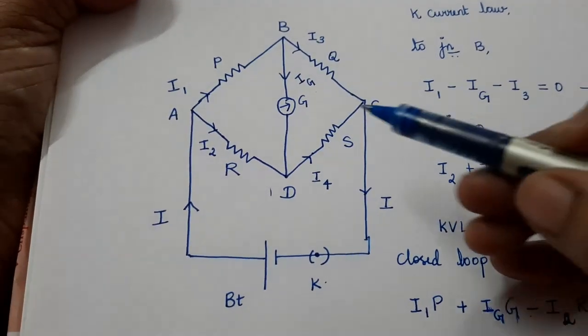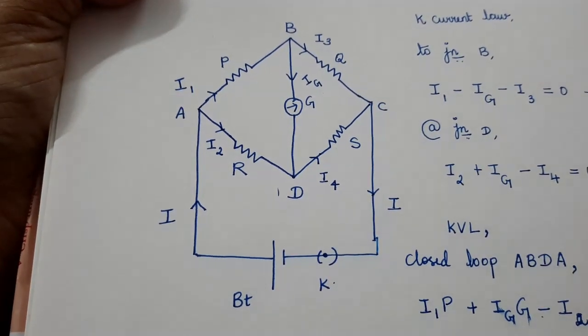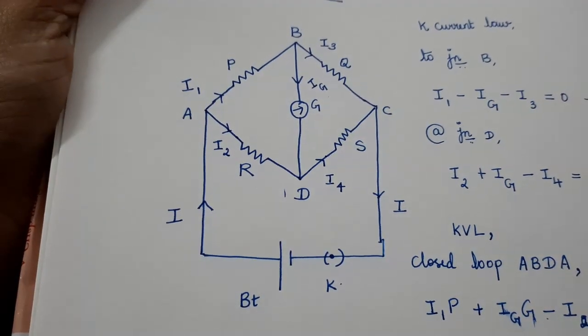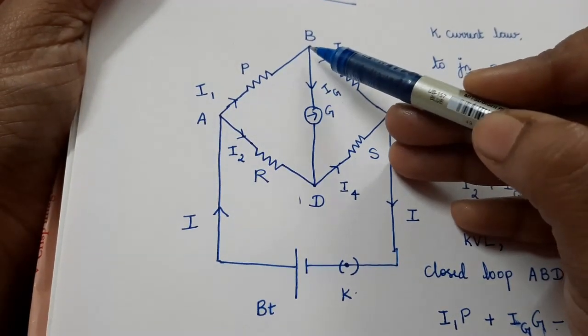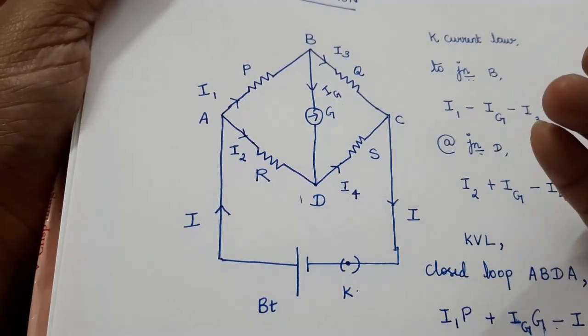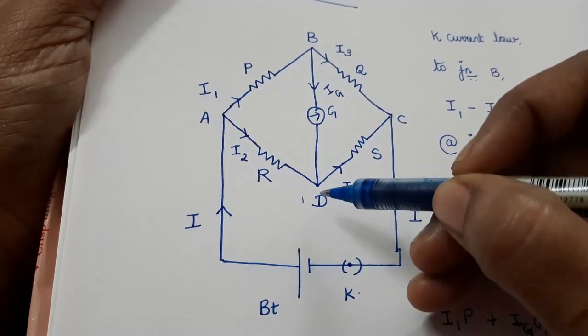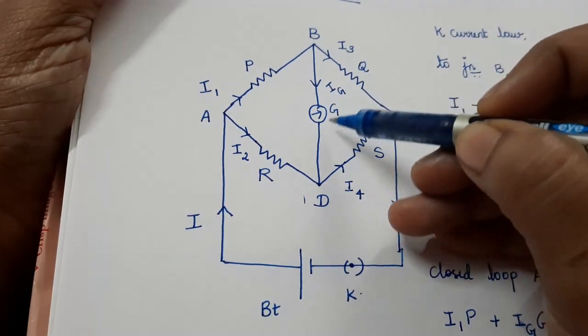Now let us assume this galvanometer G has no internal resistance. At balanced condition, these points B and D will be at the same potential, so that no current is passed through this galvanometer.